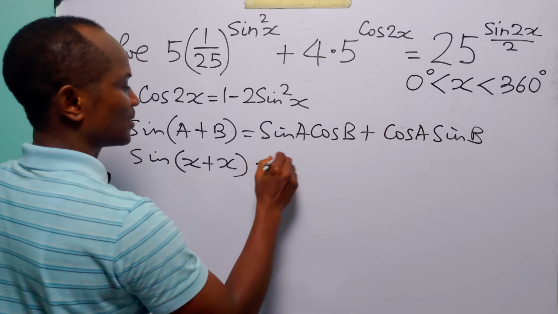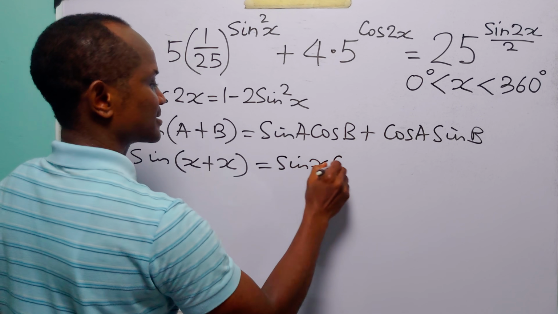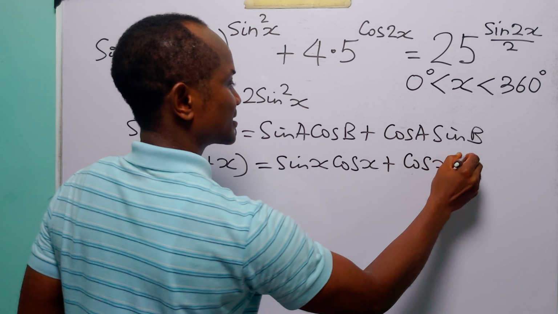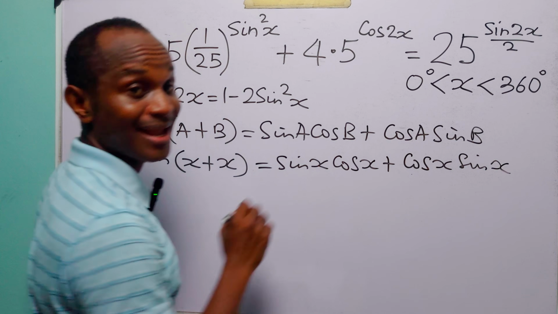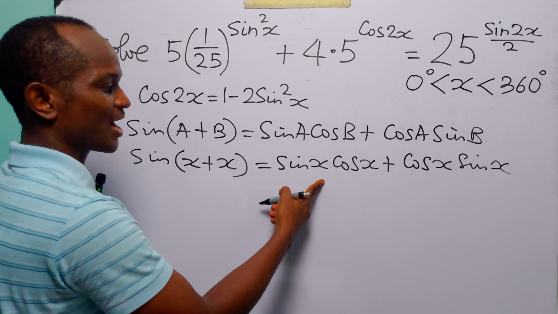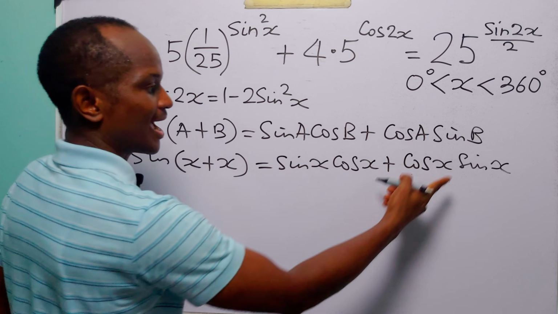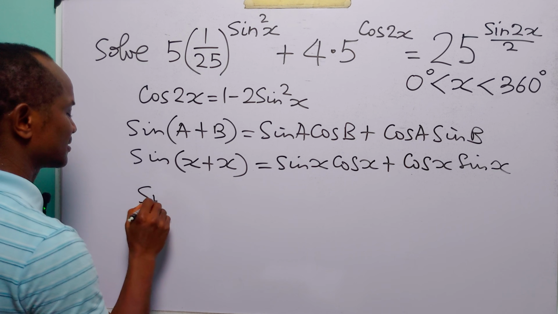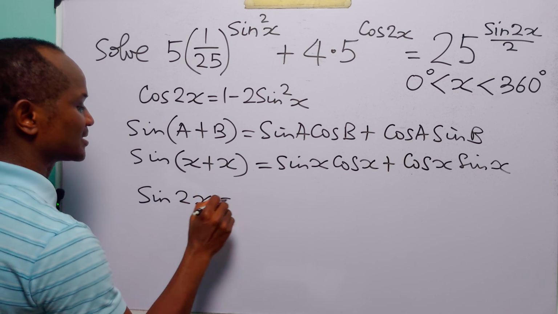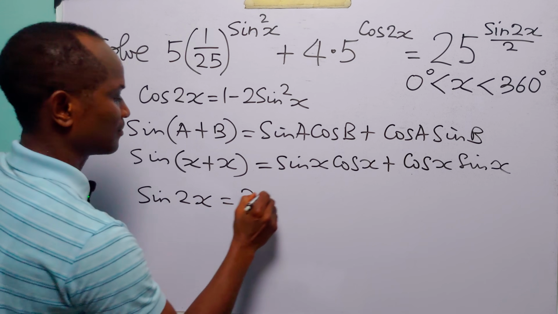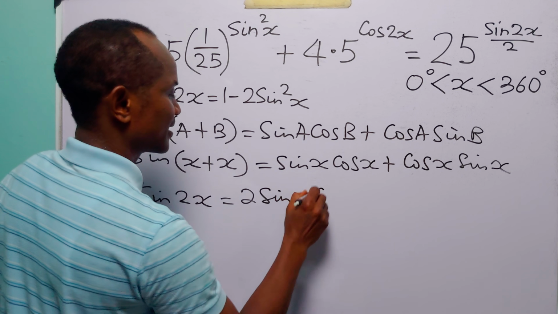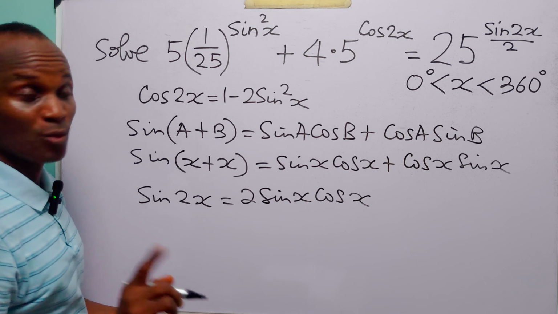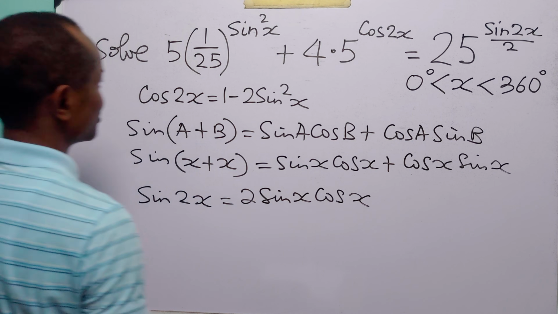So this is equal to sin x cos x plus cos x sin x. Of course, you can see that here we have sin x cos x, and here we also have sin x cos x. So that means that sin 2x is equal to 2 sin x cos x.